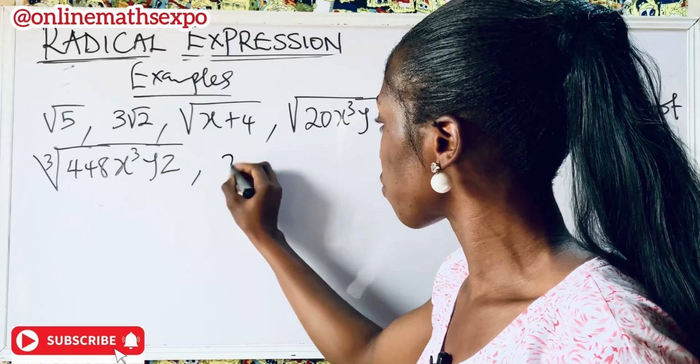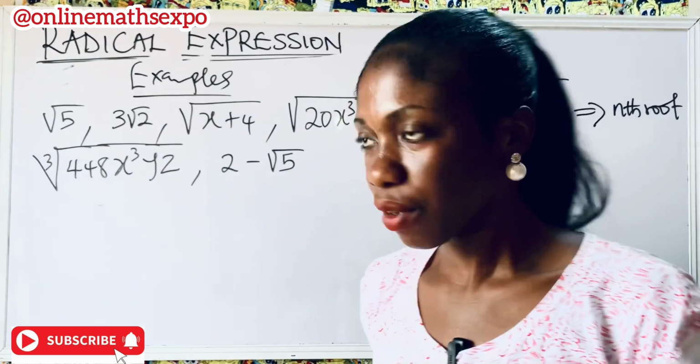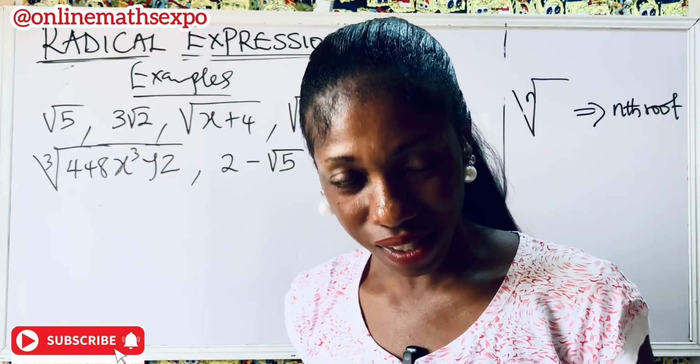You can also have 2 minus root 5, and the rest of them. All these are examples of radical expressions.